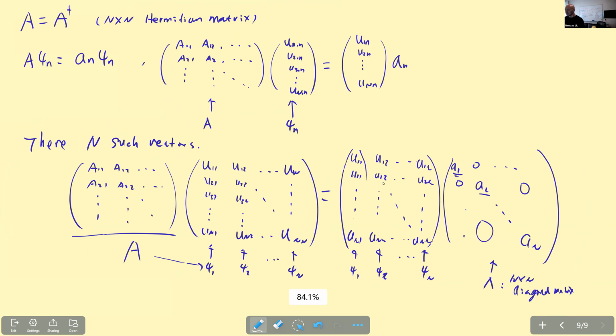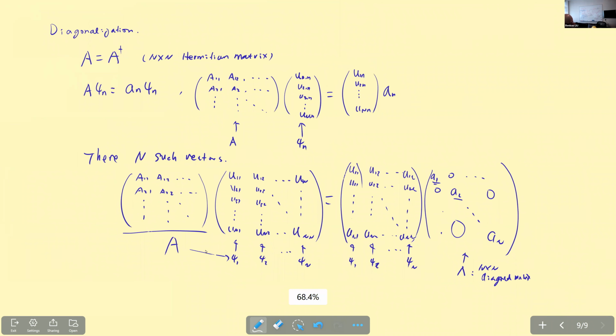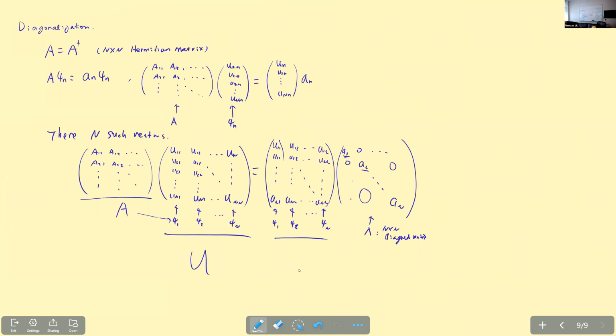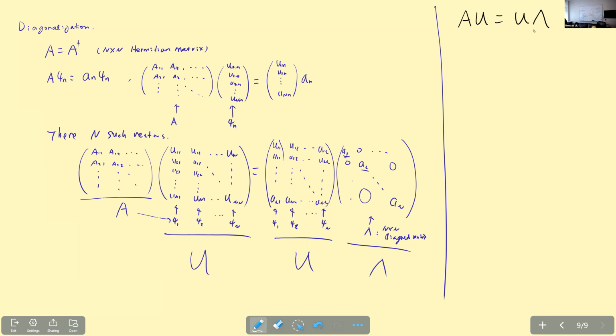Right. So let me call this one the matrix U, and this one is also matrix U, right? And this one is matrix lambda. So this becomes A times U equals U times lambda. Okay, lambda is diagonal. But now, because these basis states satisfy psi m dagger psi m' equals delta mm', this is also normalized, right?